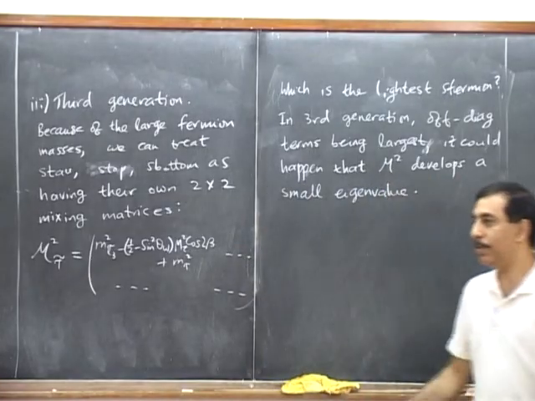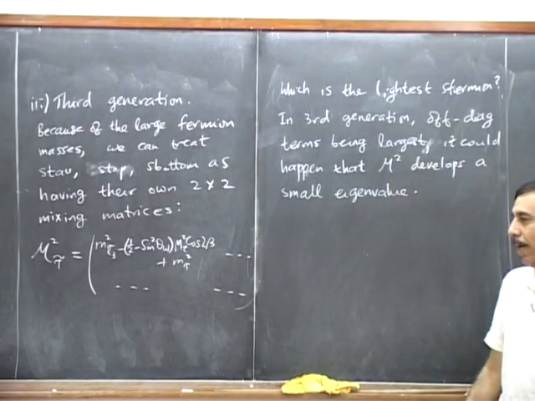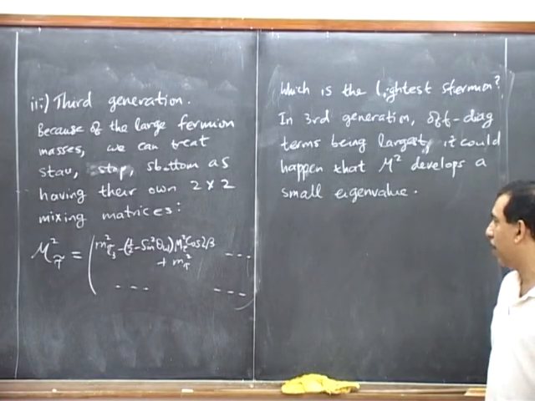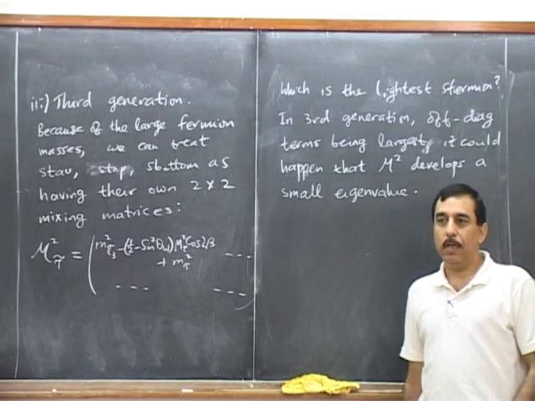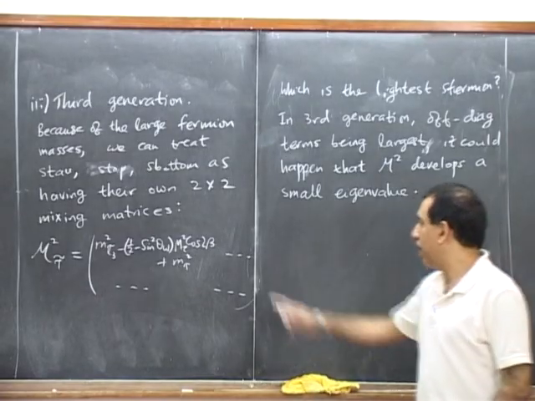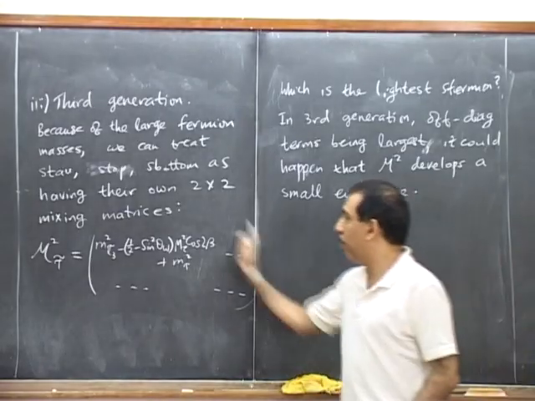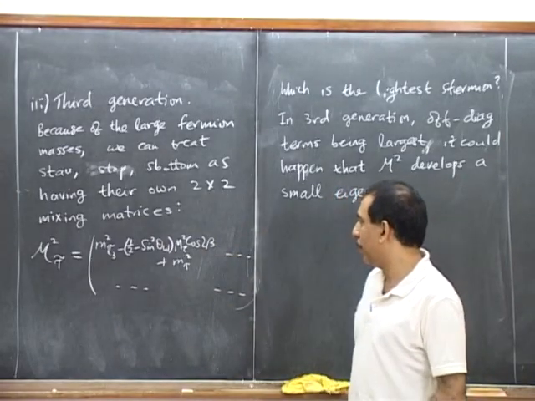And in fact, because the top quark is by far the heaviest, being about 175 GeV as compared with all the others which are about 4 GeV or less, that's the most likely place where these off-diagonal components will be so large that they'll be able to bring down the lowest eigenvalue of this from the naive value.